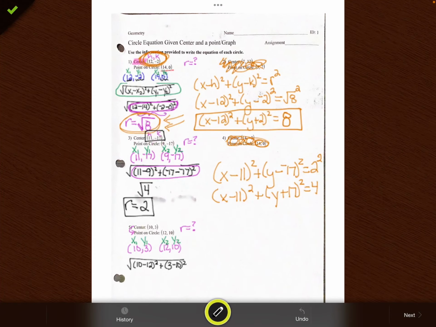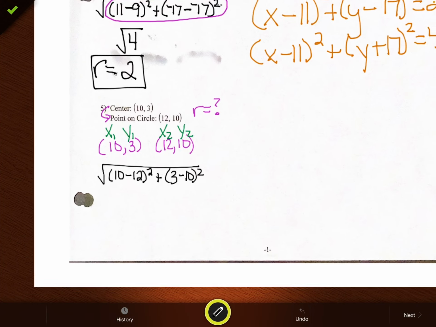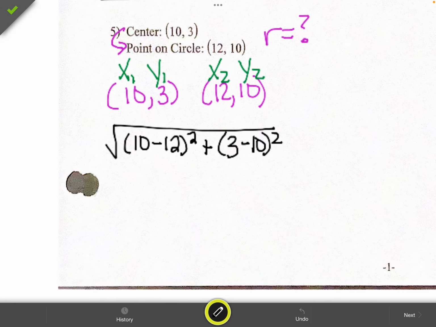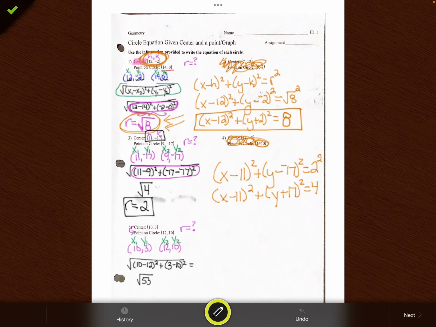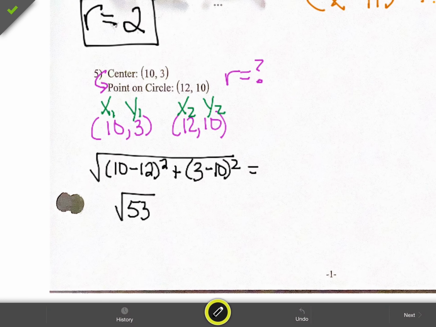So I come back over here and say, okay, when I type that in, I get 53. I have not done anything with the square root, so I have to make sure that I bring that along. Now, let's type that in and see if we get a decimal, or if 53 is a perfect square and will give me a whole number. Okay, oh, it's a decimal. We don't fool with the decimals, right? So, my radius is the square root of 53.